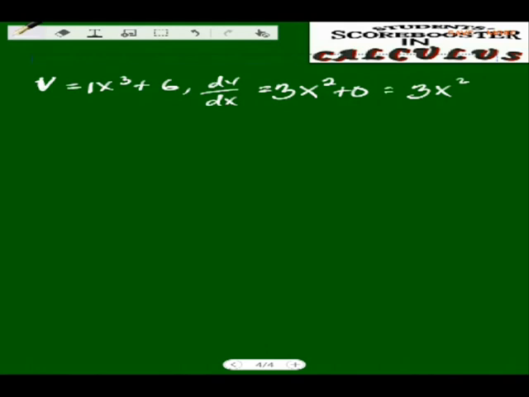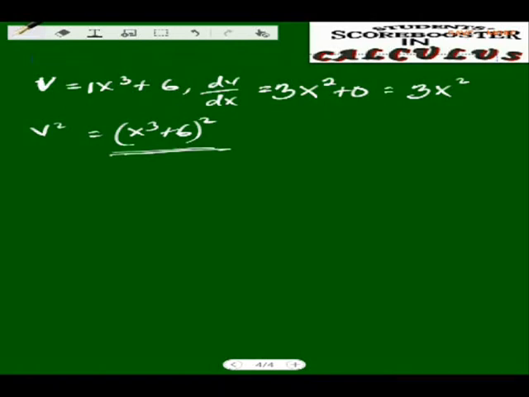That is our dv dx. So v squared will be equals to what? x cubed plus 6 squared. Please do not expand this one, just leave it as it is. Don't waste your time. You don't have time in JAM, and the examiners are not so wicked to expect you to expand this.